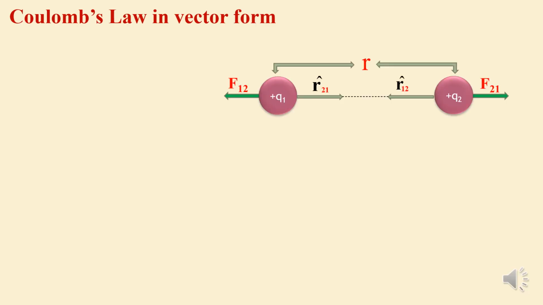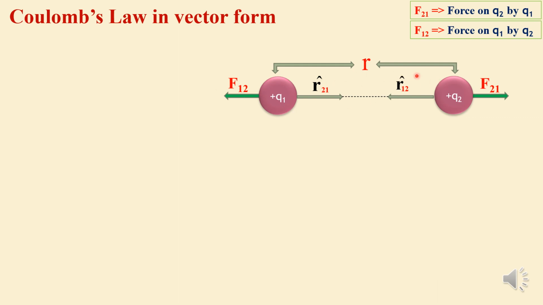This is because when the separation between charged spheres is reduced, the force of repulsion is increased. Coulomb's law in vector form. Because force is a vector quantity, we have to write it in vector form. Here we have taken two similar charges, plus Q1 and plus Q2. Because they are similar charges, they are repelling each other. We know that F21 is the force on charge Q2 due to charge Q1, and F12 is the force on charge Q1 due to charge Q2.